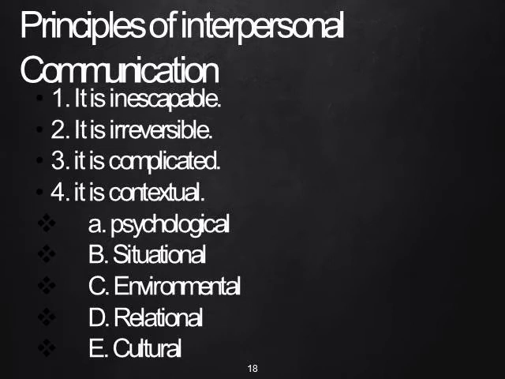All are examples of factors in the environmental context. Then we have relational, which concerns your reactions to the other person. So this is kind of a mix. And lastly, it's the cultural context, which includes all the learned behaviors and the rules that affect the interaction.